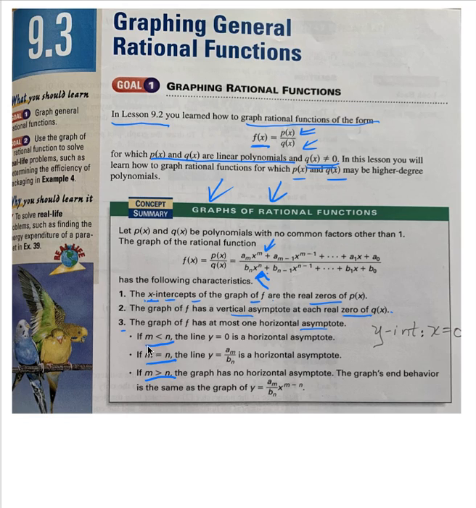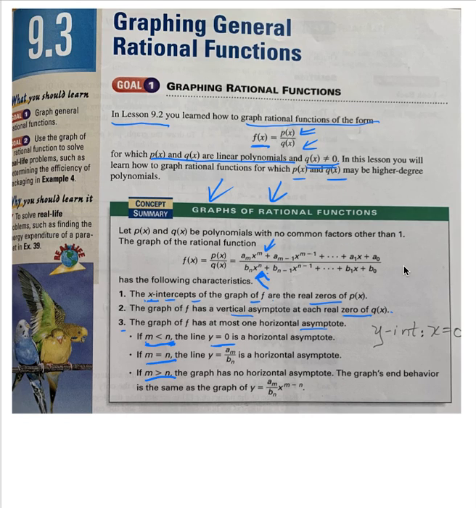So if the highest degree in the numerator is less than the highest degree in the denominator, if m is less than n, then your graph is what we call bottom heavy. And if it's bottom heavy, your horizontal asymptote is y equals 0. Why is that?